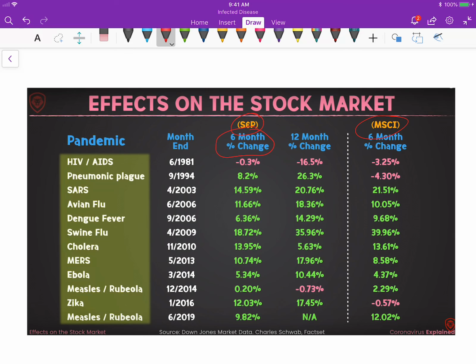The markets largely have responded very well, okay? 6 months, 12 months. You can see all green numbers here. So the likelihood of our market bouncing back and us having money in our pockets is very likely.